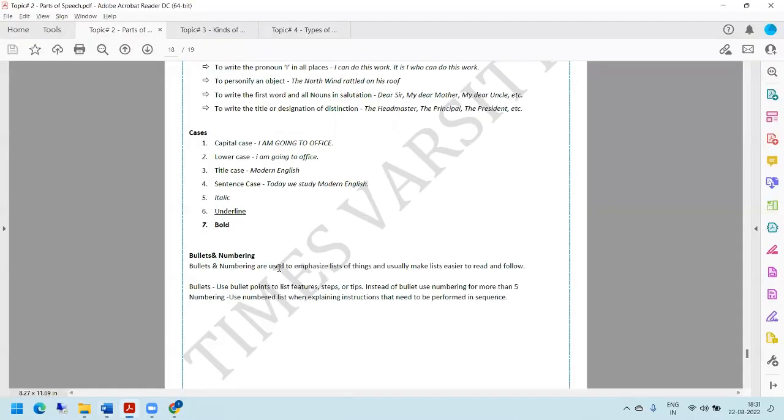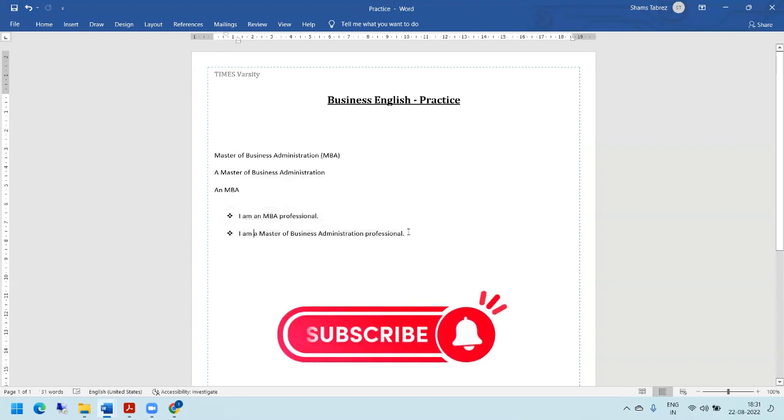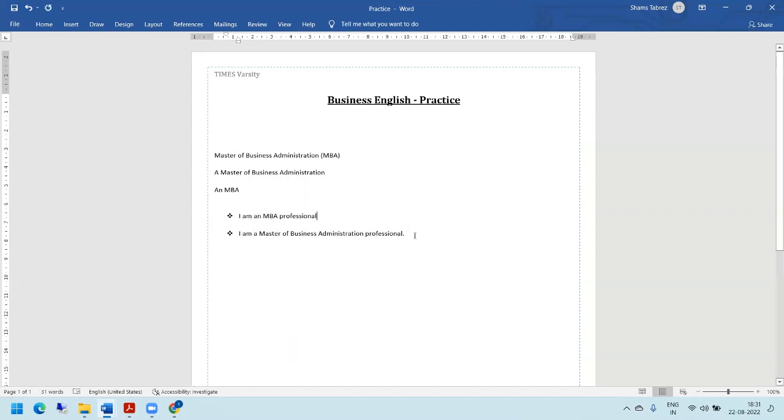Bullets and numbering are used to emphasize lists of things and usually make lists easier to read and follow. For example, if I want to highlight some of the points, then I should use bullets or numbering.